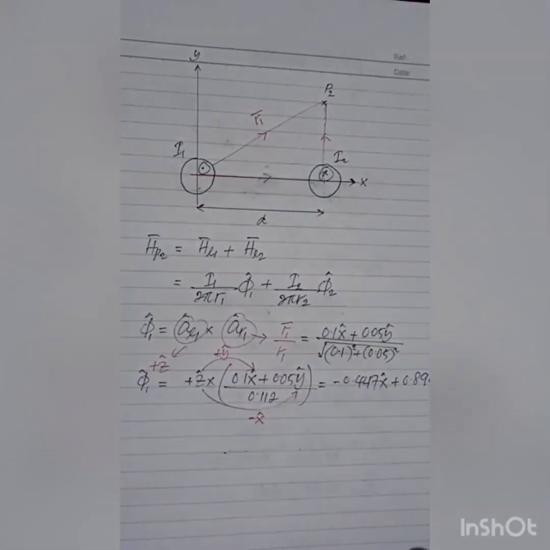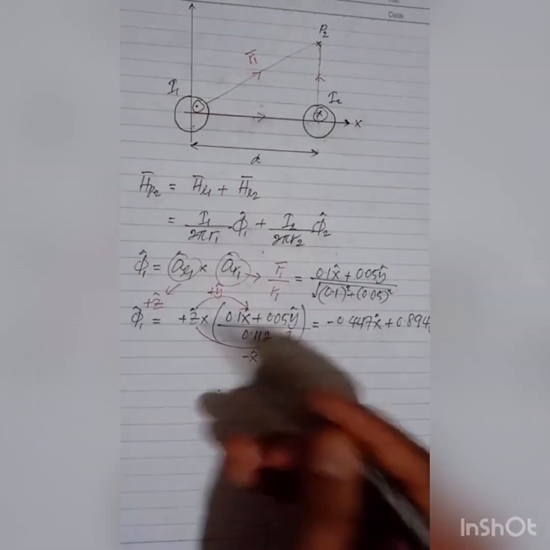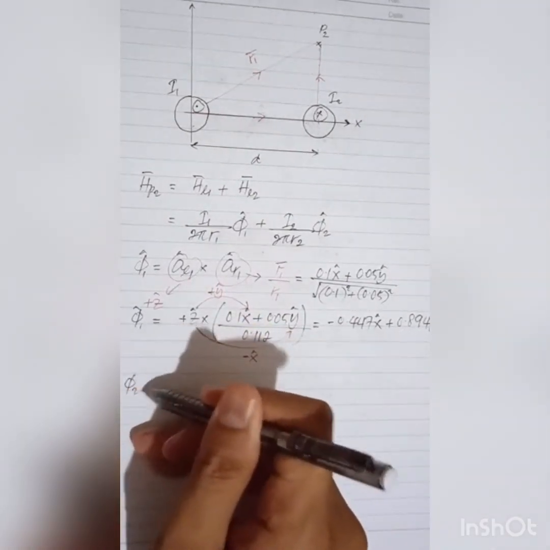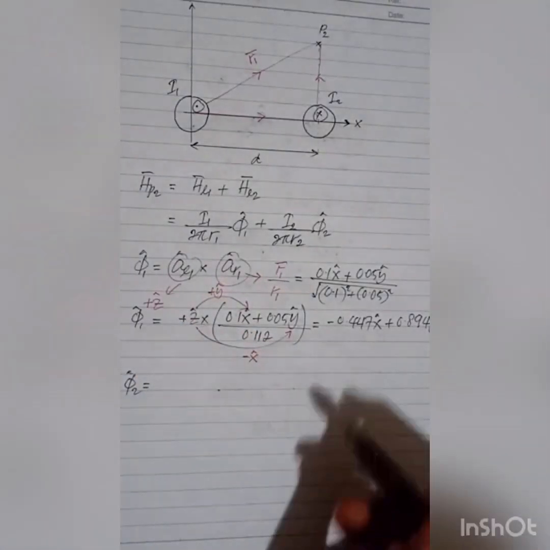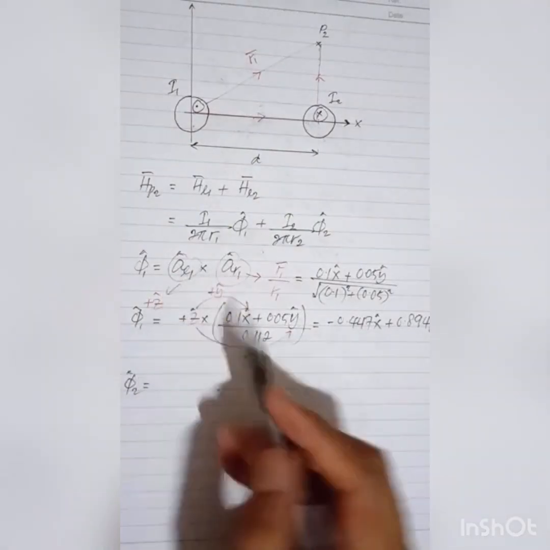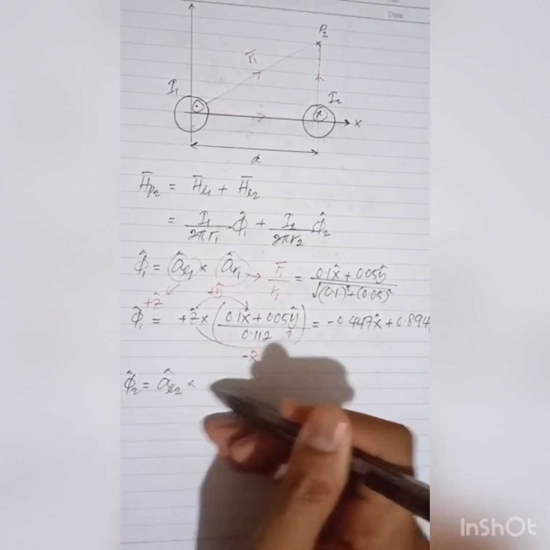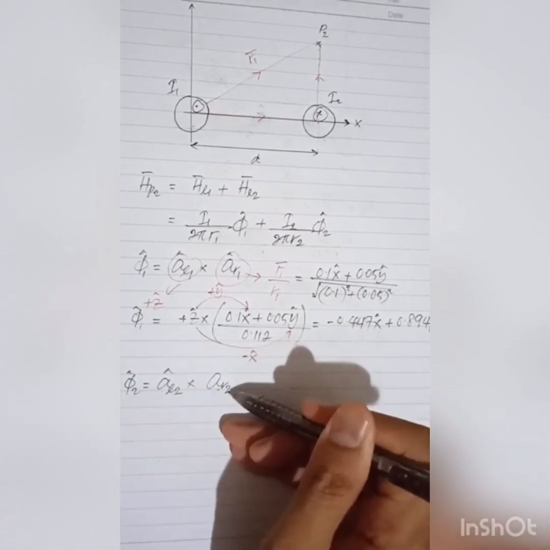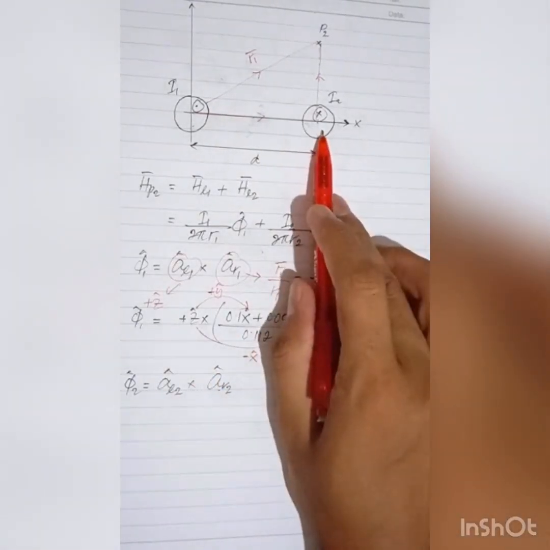Let's do the same process to find the phi 2 conversion. The phi 2 unit vector can be converted to Cartesian components by performing the cross product between the unit vector of line current number 2 and the unit vector of R number 2. The unit vector of line current number 2 doesn't change, it is always in the negative z direction.